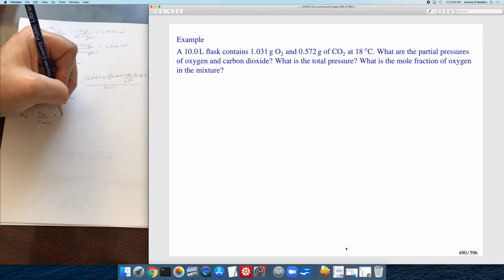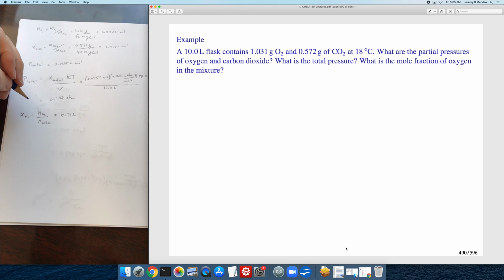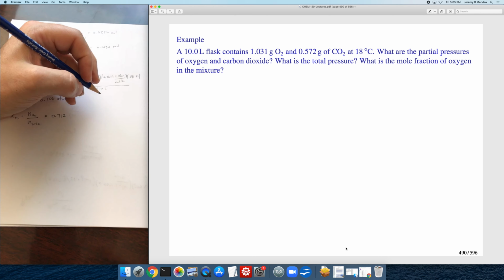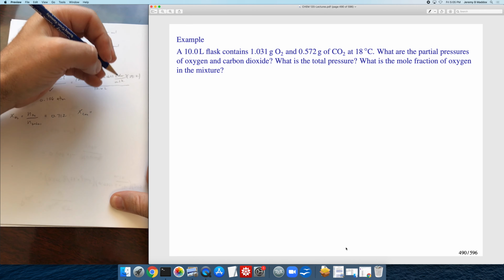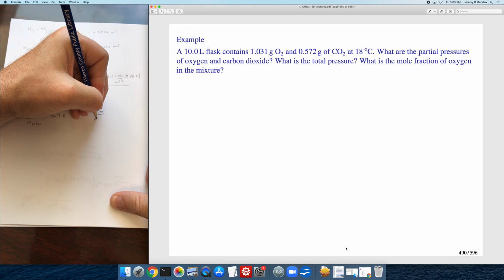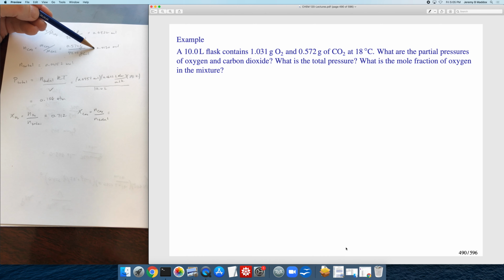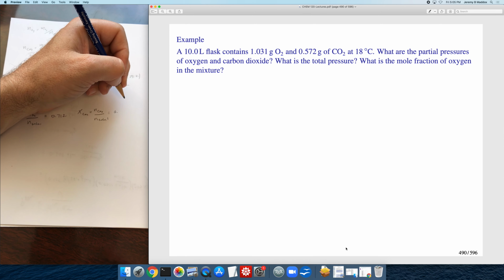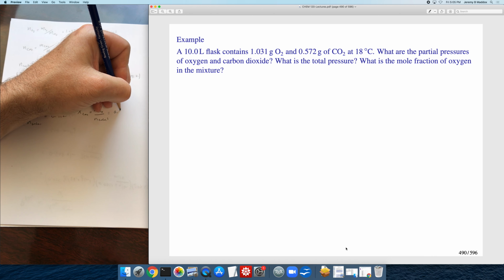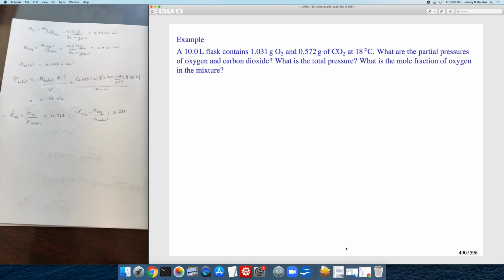That's giving me 0.712 for the fraction, and then we'll do the same thing for the CO2. Number of moles of CO2 divided by N total. So now I'll take this number, 0.013, and divide it by the total, and I'm getting 0.288 for that fraction.